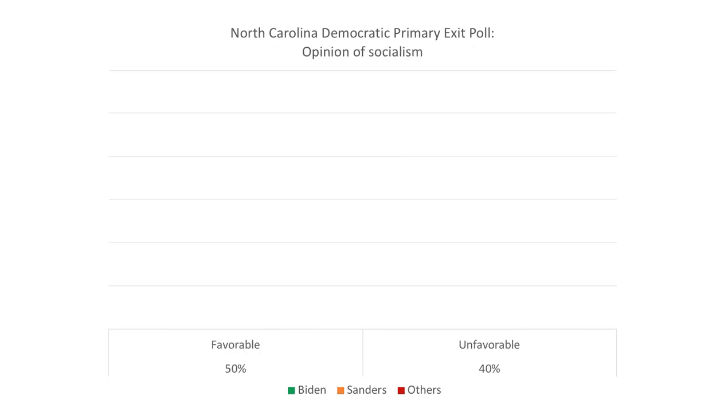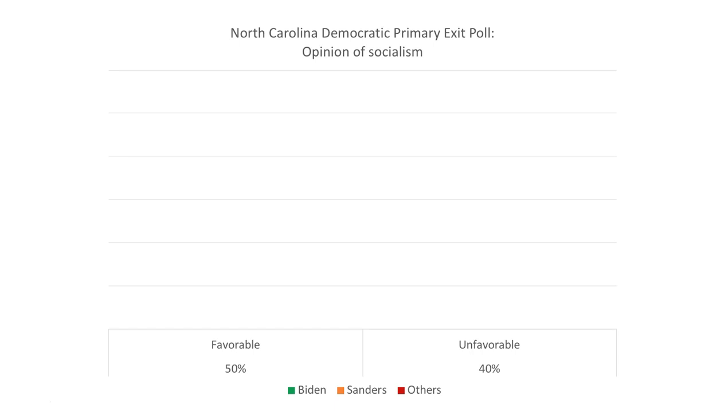The other key question that I found of interest in the exit poll for Democratic primary voters in North Carolina was their opinion of socialism. Do you have a favorable or unfavorable view of socialism? Now, oftentimes, as we talked about in class, a lot of people don't know what socialism necessarily entails, and that we in the United States actually have socialistic tendencies within both our economy and within the government.